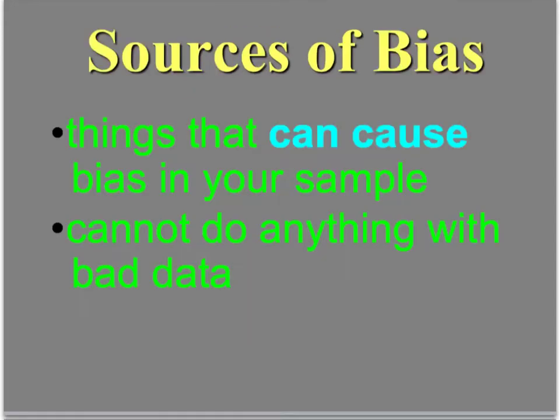There are several different sources of bias, and these are the things that can cause there to be bias in your sample. And because of that, you can't do anything with the data that you've collected because it makes that data not usable.